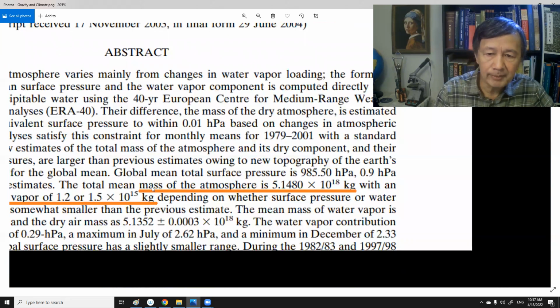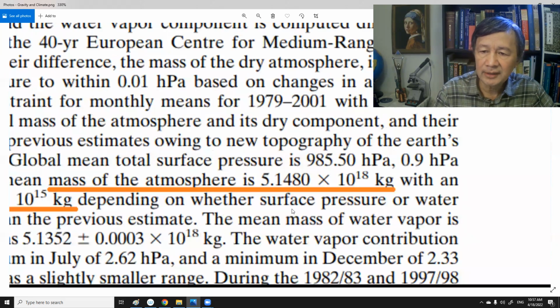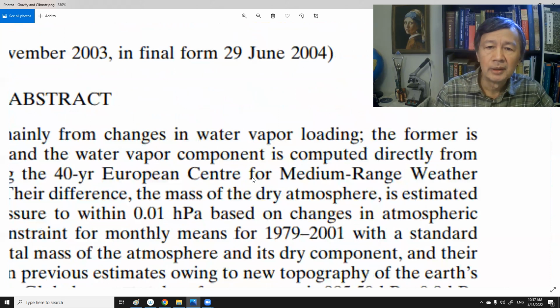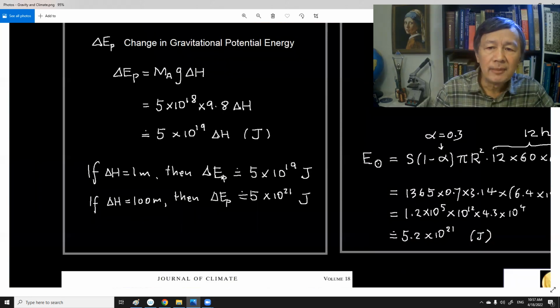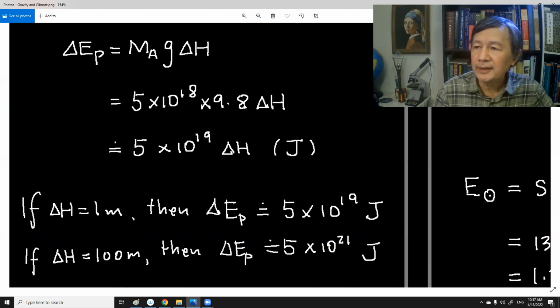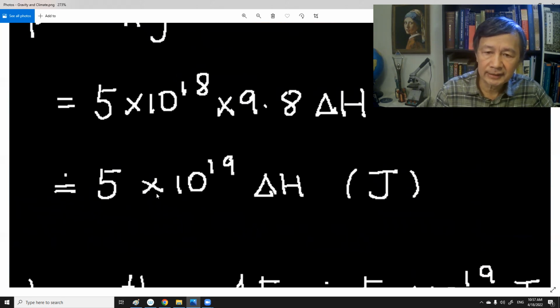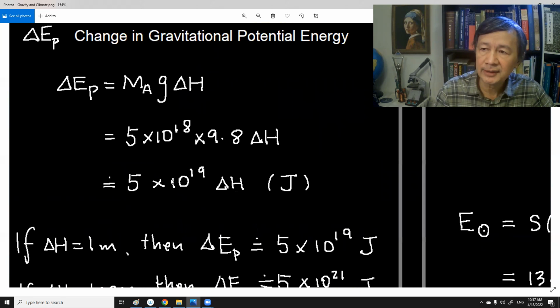The total mean mass of the atmosphere is 5.1 times 10 to the power 18 kilograms. Using this number, and 9.8 as the mean gravitational acceleration near the surface of Earth, we can work out this simple expression for the variation in the gravitational potential energy of the atmosphere.